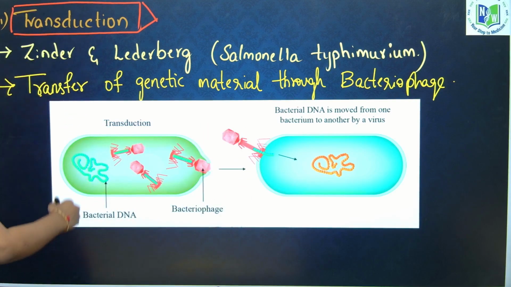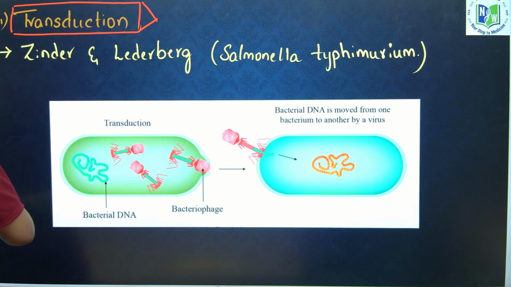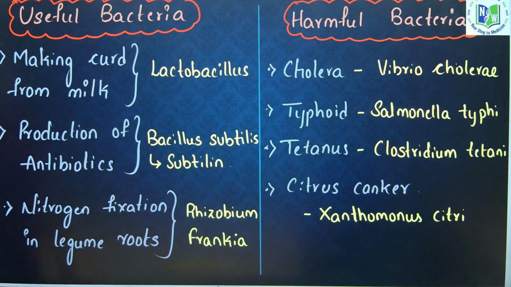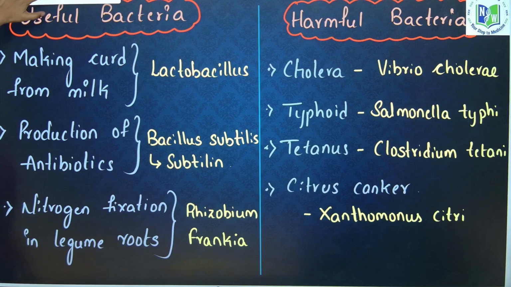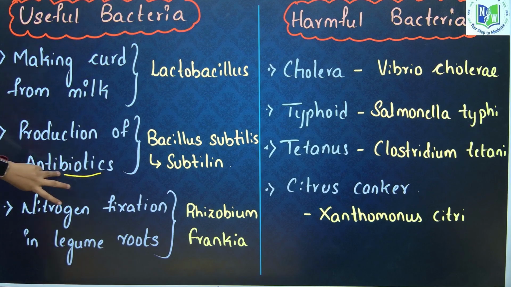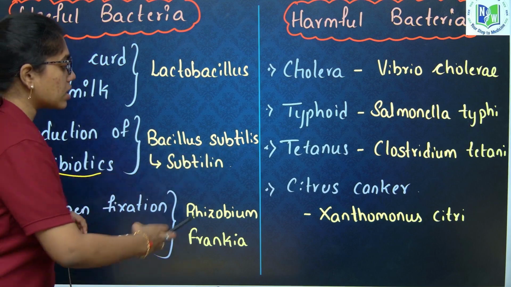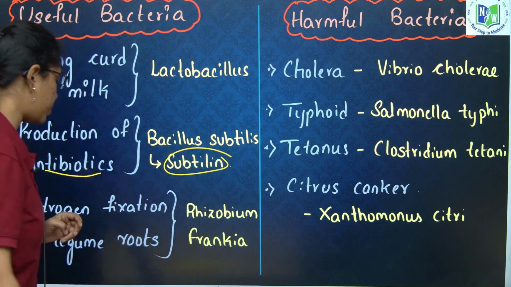Next, if you look into useful bacteria and harmful bacteria, for example, you have lactobacillus under useful bacteria, wherein it makes curd from the milk. Second is antibiotics, Bacillus subtilis, the antibiotic which it is making is subtilin.